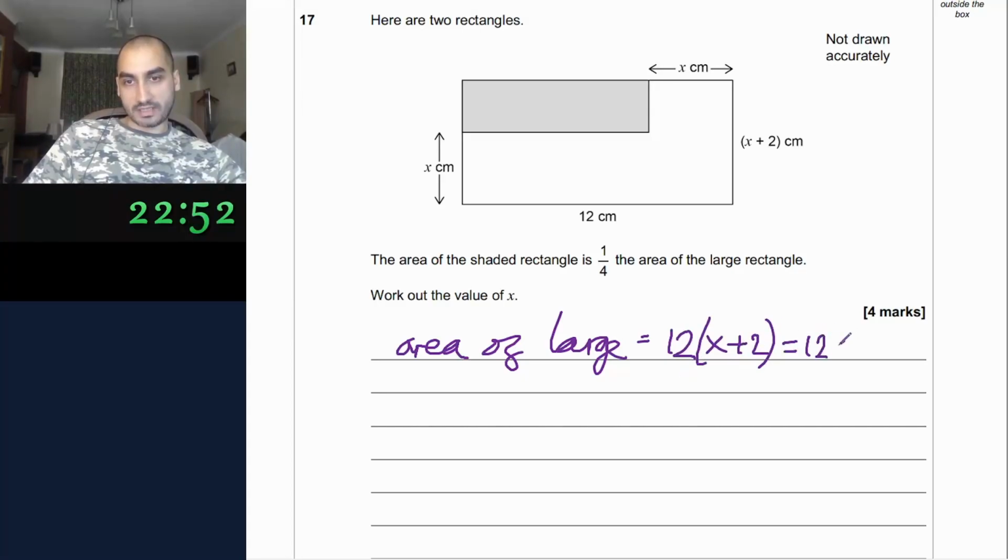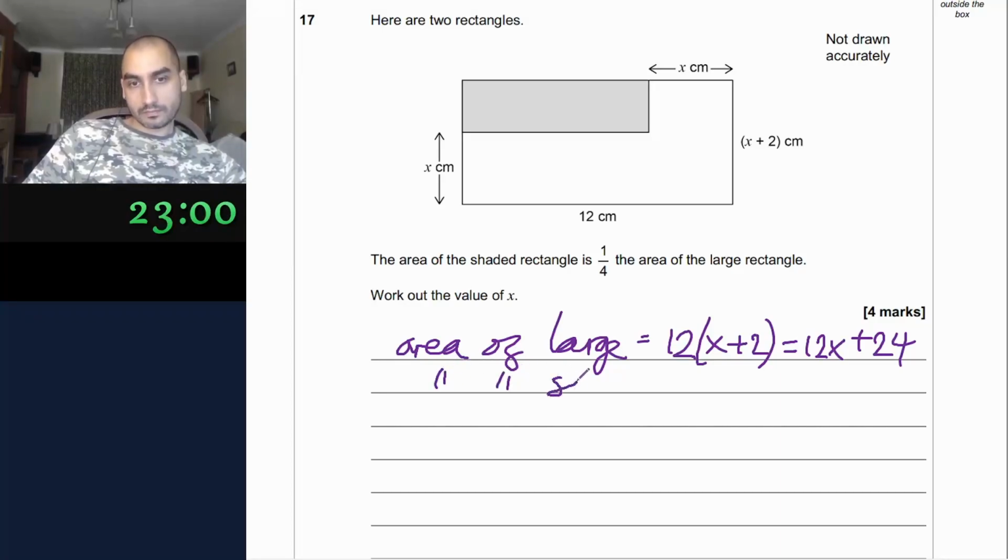Let's just expand that, it'll be more useful later on. Area of the small equals 2 times 12 minus x.